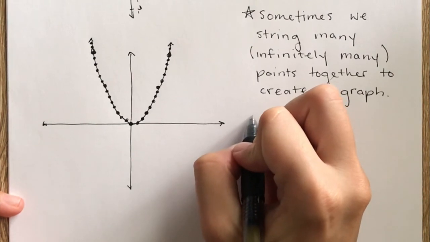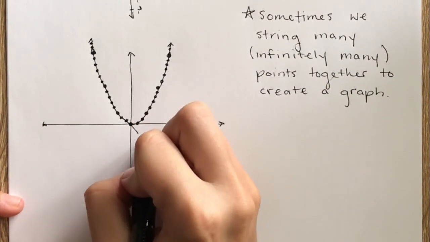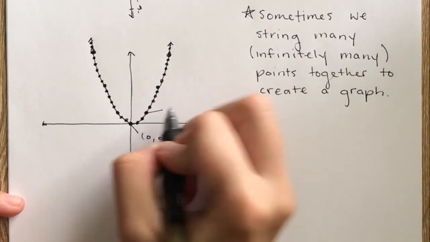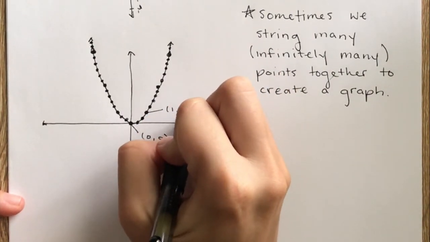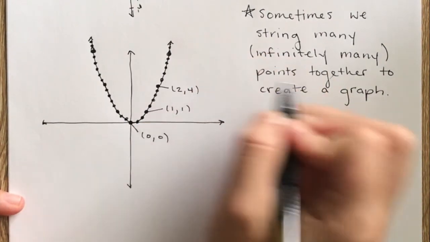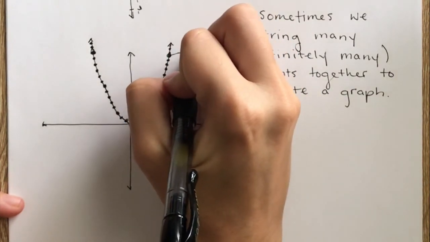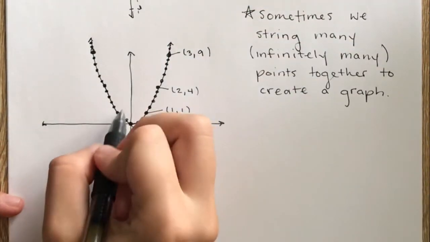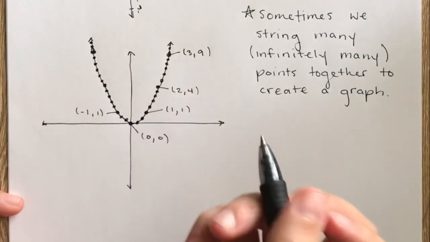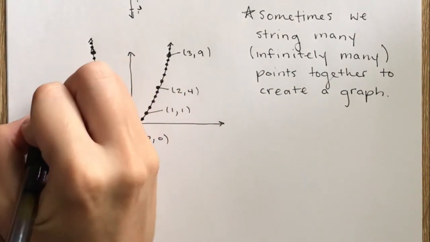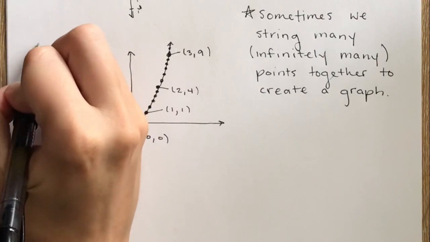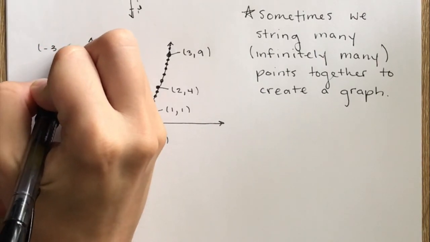So some of the points that we have here are this guy, (0, 0), maybe this guy, (1, 1), this guy, (2, 4), this guy, (3, 9), and then this guy, (-1, 1), this guy, (-2, 4), and this guy, (-3, 9).